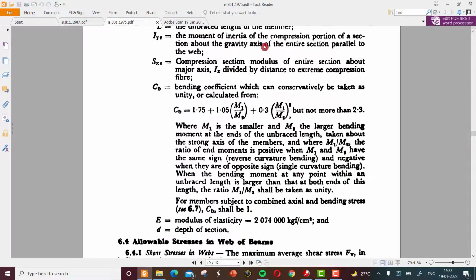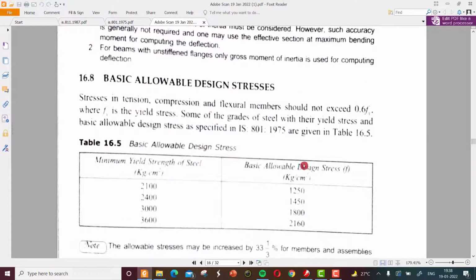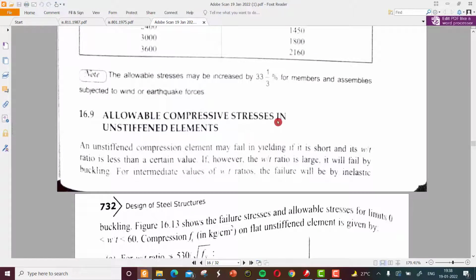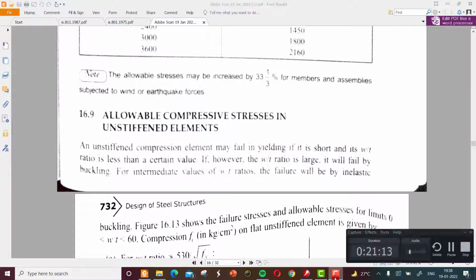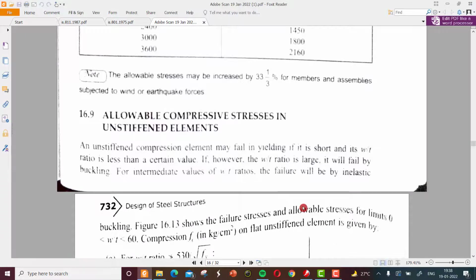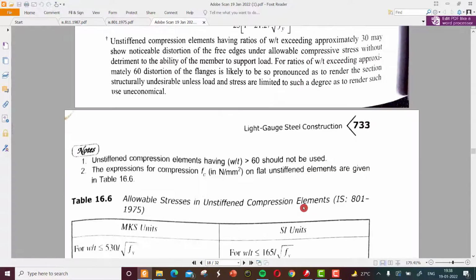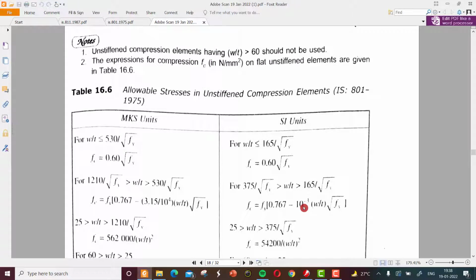We'll see that later, or you can explore yourself whether this is available in the code. And allowable compressive stresses in unstiffened elements. Some values are given, and allowable stresses in unstiffened compression elements.